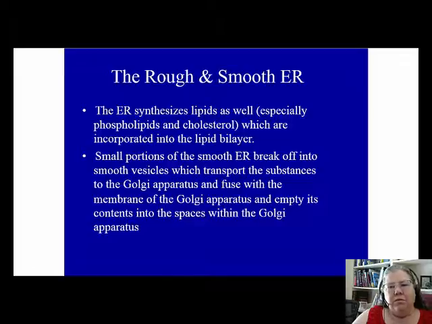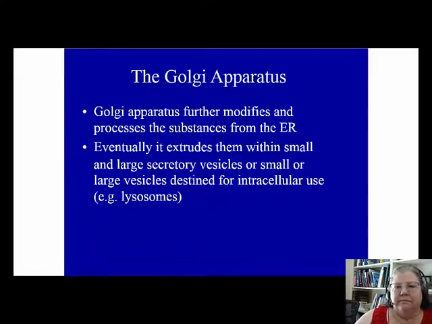Within the smooth ER, the lipids like phospholipids and cholesterol are synthesized, and then they're incorporated into the bilayer. That lipid bilayer then can be fused with the membrane of the Golgi apparatus, from the Golgi apparatus to the cell membrane, fused with the cell membrane.